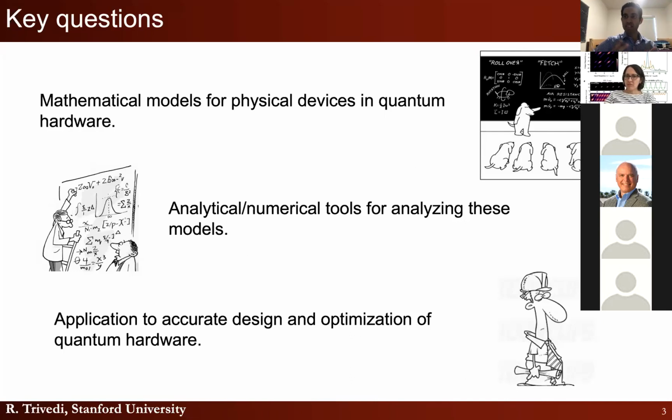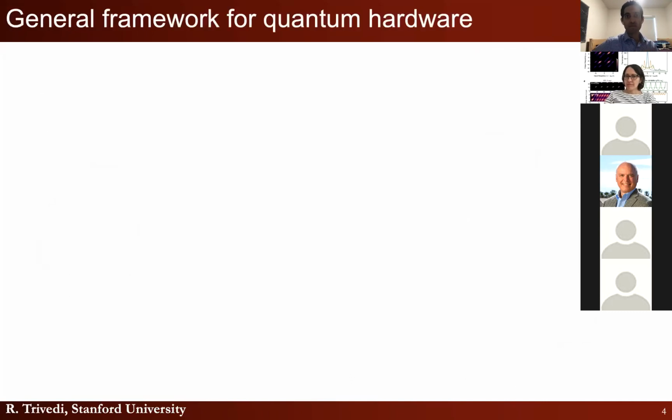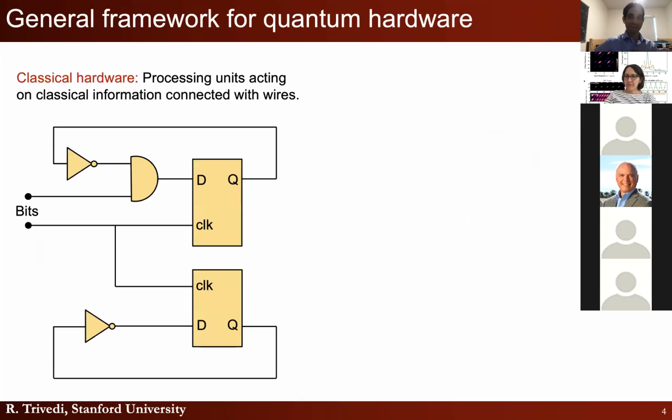In order to understand the general framework of quantum hardware and develop a general model that we can fit different applications in, it is very instructive to draw a parallel between quantum hardware and classical hardware. All the people who have been studying electrical engineering would probably find this very trivial, but if you think about a classical information processing system like a digital circuit, you can think of it as comprising two blocks. You have classical information, usually bits encoded as voltages or currents.